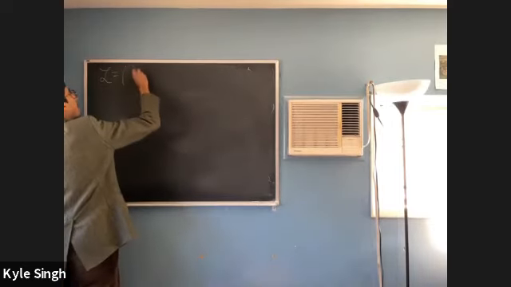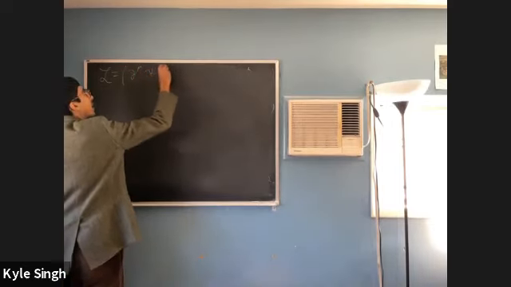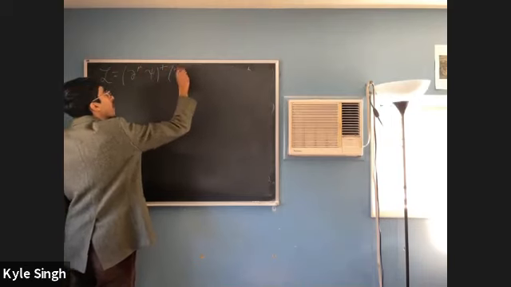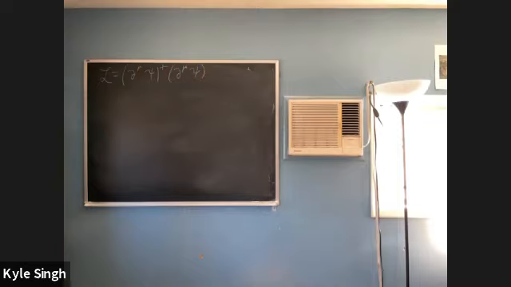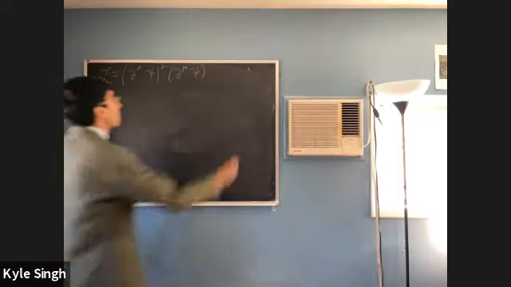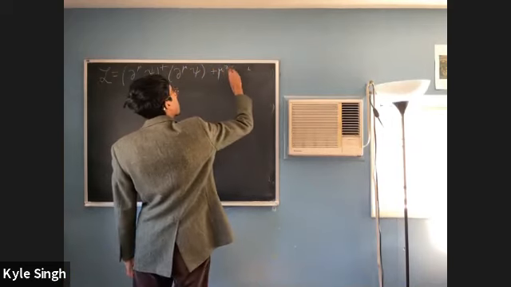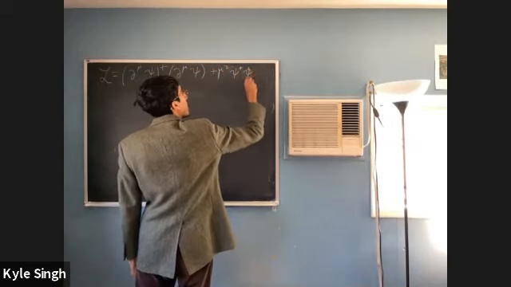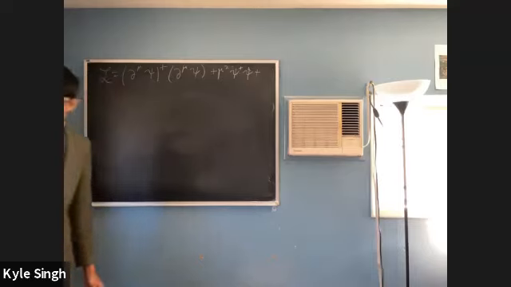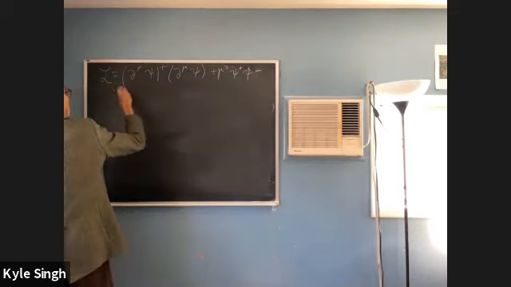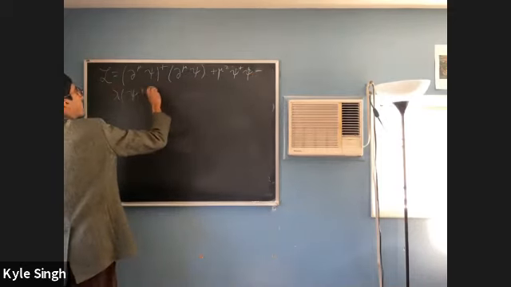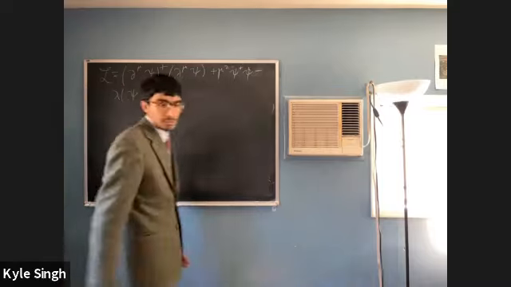So, d mu psi dagger for the complex field, d mu psi. That's the standard field. Plus mu squared psi dagger psi, minus lambda psi dagger psi squared.